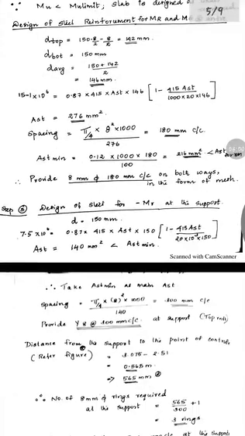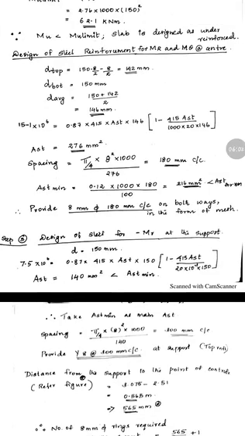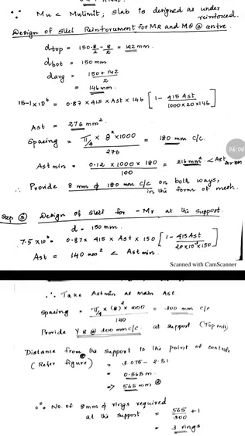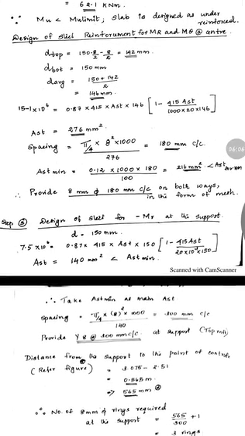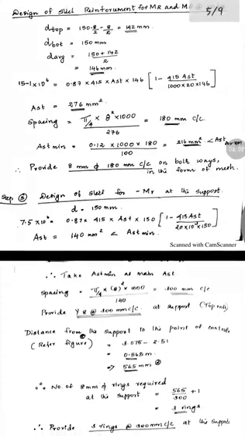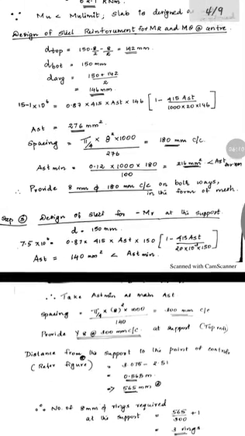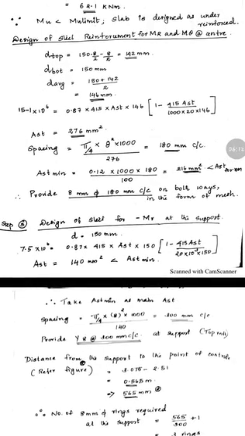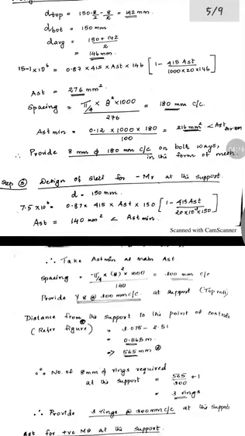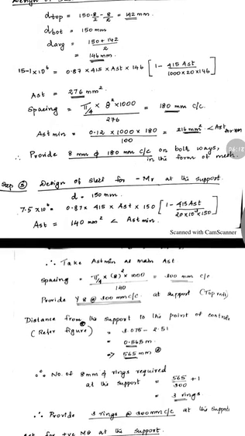And now we have to find out the steel reinforcements for MR and M theta. In order to do that, we have to find out D average, and we got the D average as 146 mm. For MR and M theta at the center, we are getting an AST of 276 mm square, and for that AST we are providing a spacing of 180 mm.